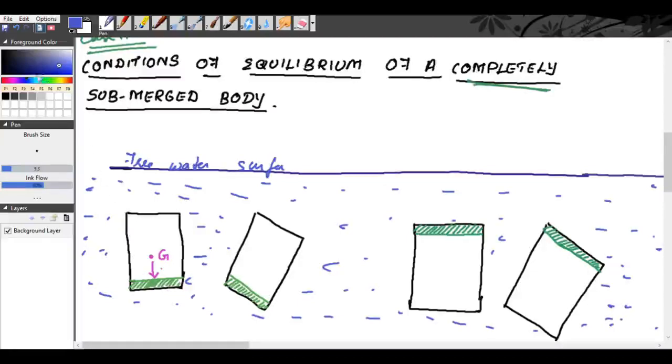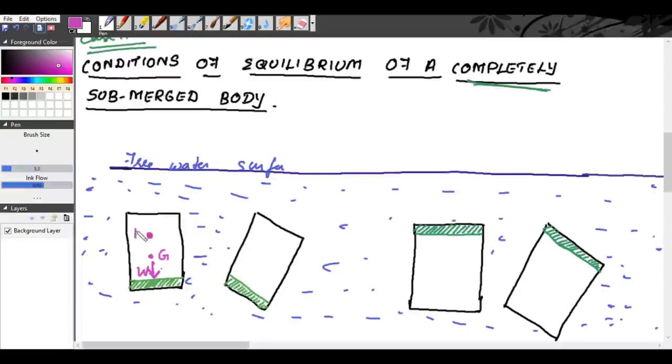So the center of gravity for this case may lie here. We represent the center of gravity as G, and the weight of the body acts along this line of action through the center of gravity; we represent the weight as W. Now the center of buoyancy will lie somewhere here.